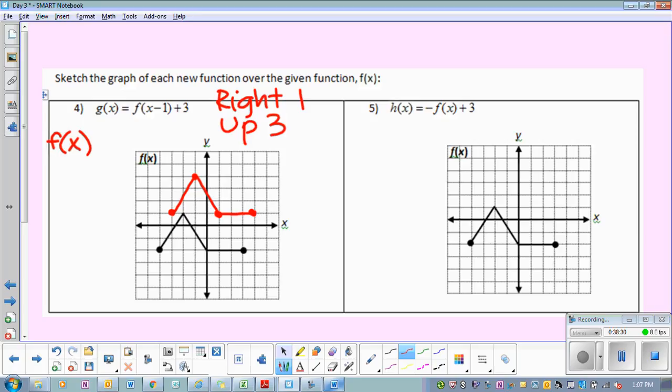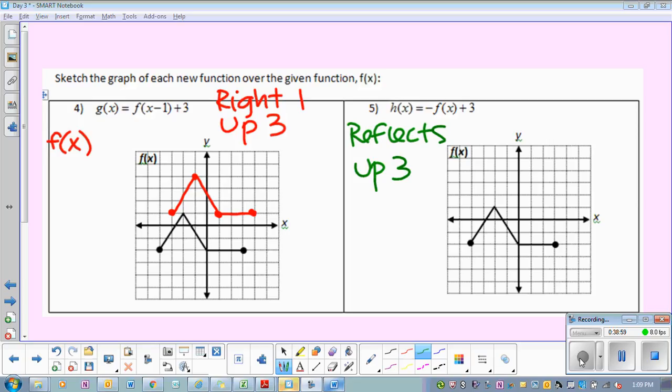Pretty good? Okay, you guys try the next one. This one can be a little bit tricky. You gotta do some crazy things here. Okay, so this one, it reflects, and it also goes up 3. Do you agree? Okay, so watch me. Make sure I don't mess up, because when I'm up here on the smart board, sometimes it's a little crazy. So what is this?